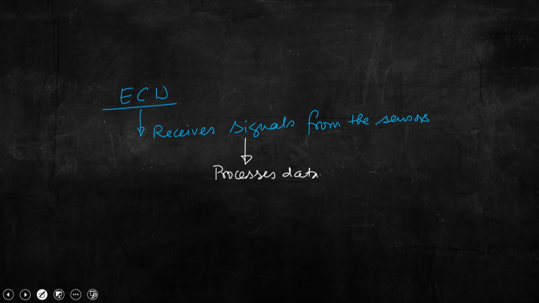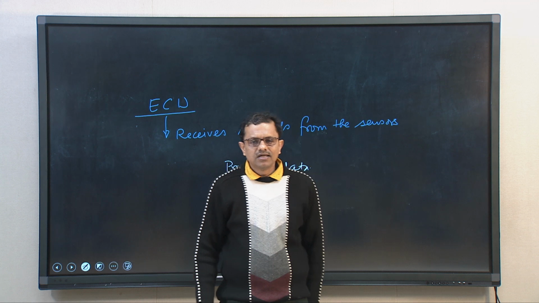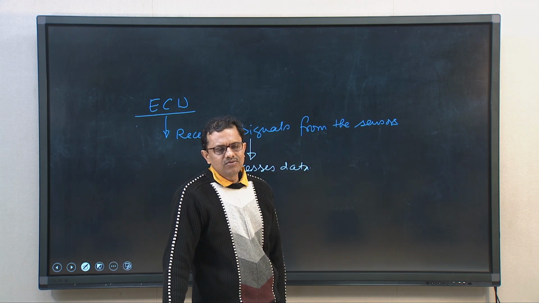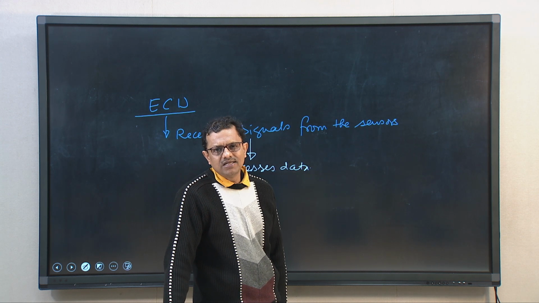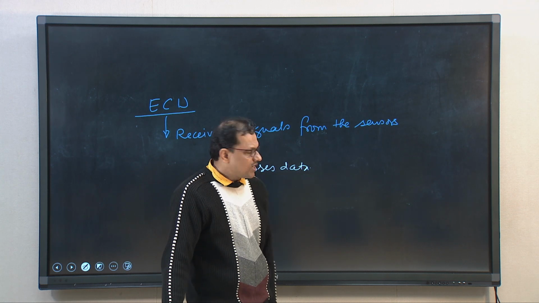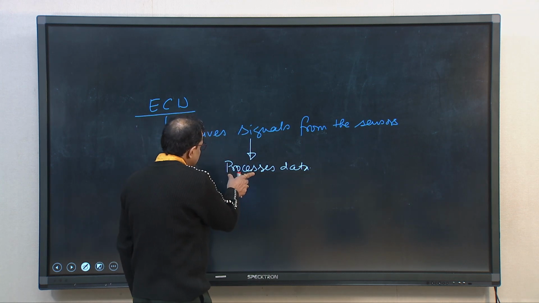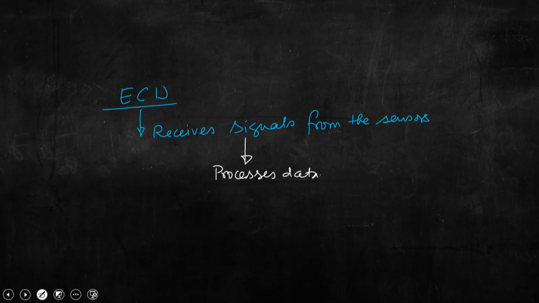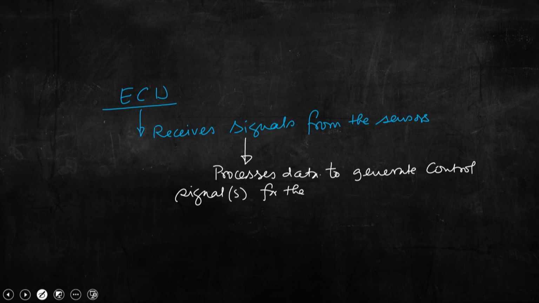We shall be discussing soon that these signals can be analog signals or digital signals. So, the signal that will be received by the ECU can be an analog signal or a digital signal. But what I am going to discuss now is that the ECU is again capable of processing data, right, to generate control signals for the actuators.